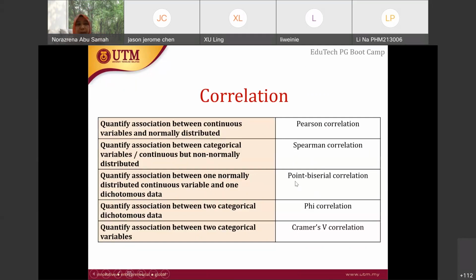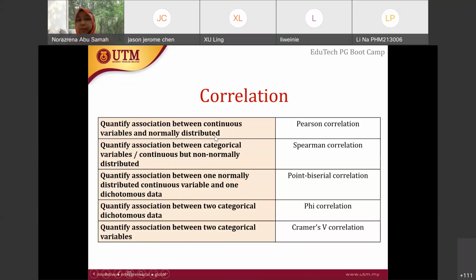To quantify association between continuous variables that are normally distributed, this means it is a parametric test. You can compare between 2, 3, 4 variables, but make sure all variables are continuous, meaning ratio or interval, and normally distributed.